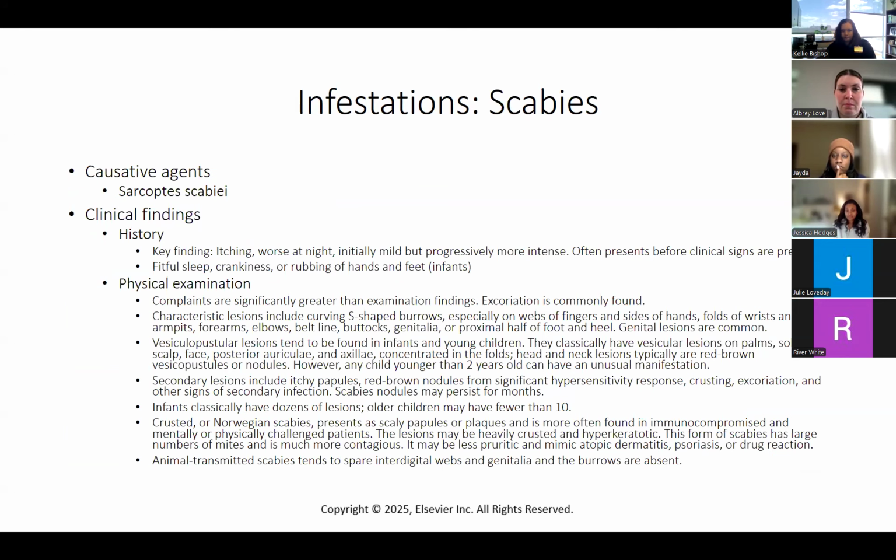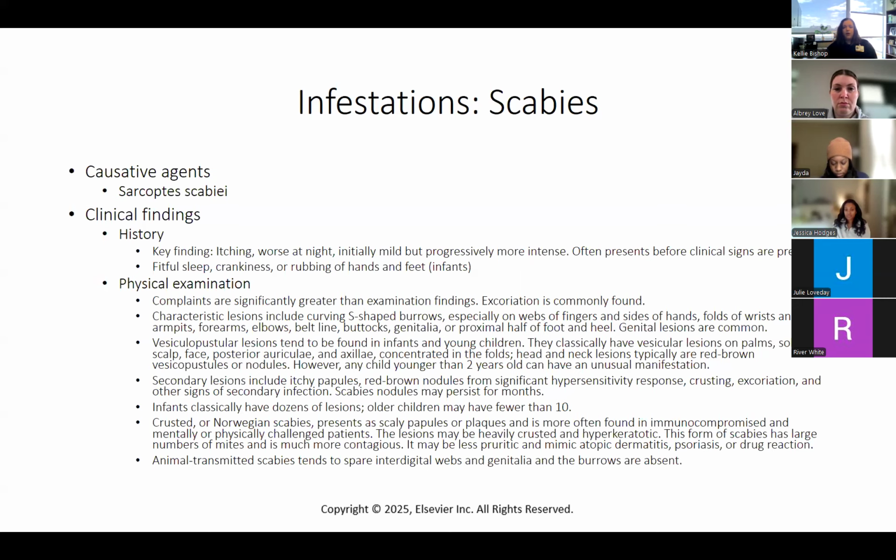Okay, scabies. Key finding with scabies: itching at night. Unless there are a lot of other descriptors of eczema or something like that, if they're having itching at night that's getting progressively more intense, it is probably scabies. The itching usually happens before any of the other clinical signs.